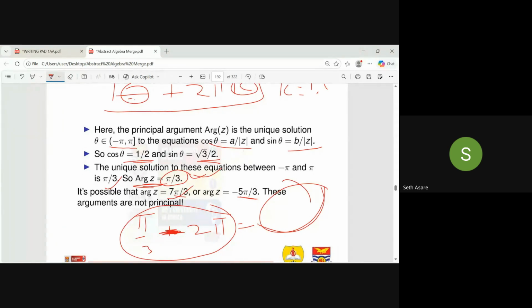But our interest here is we need the principal, the principal theta. So find the theta for us. The principals are not the only answers, there are other angles, but our interest here is to deal with the principals.